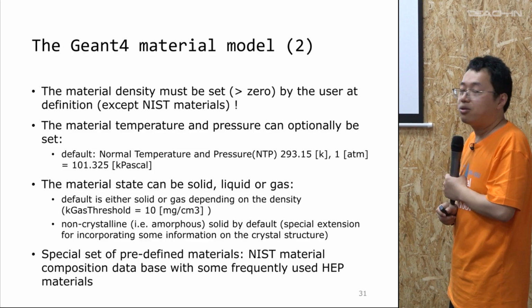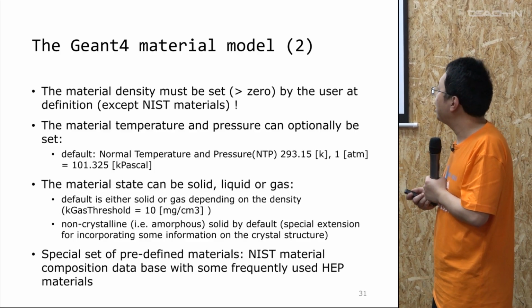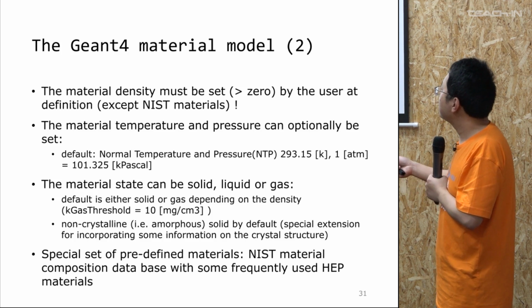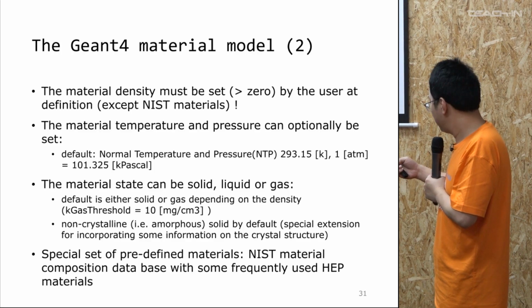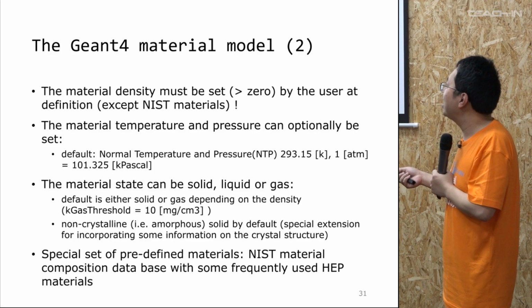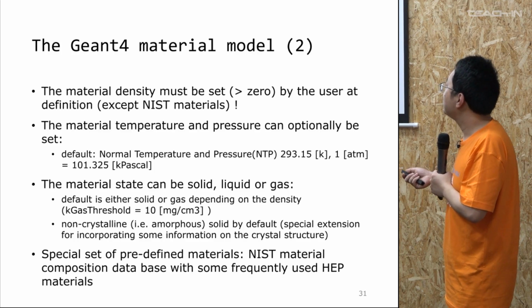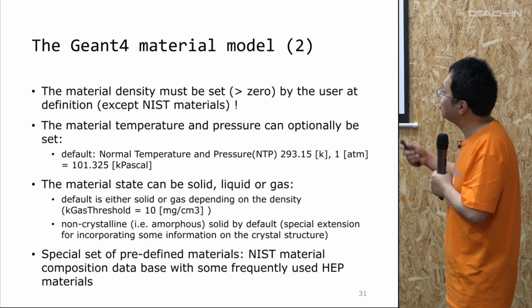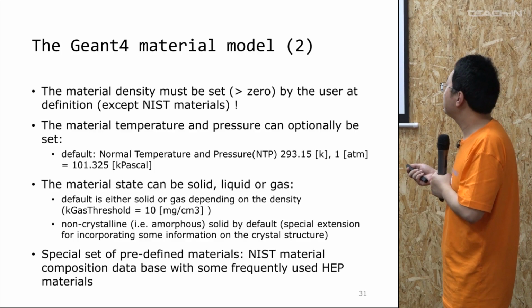The material state can be solid, liquid or gas. How the solid and gas are defined actually depends on the density and a threshold, but you can also set explicitly whether it is a solid or a gas.